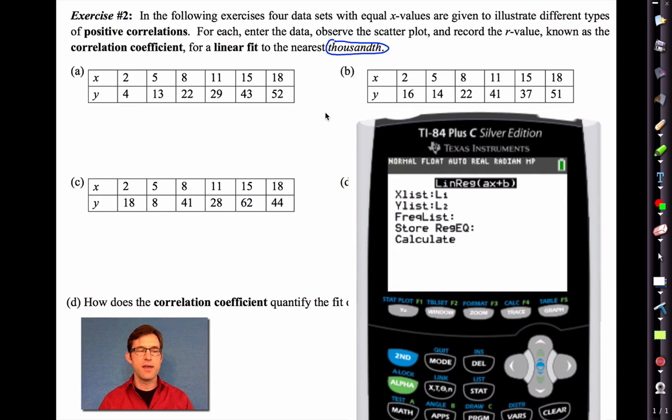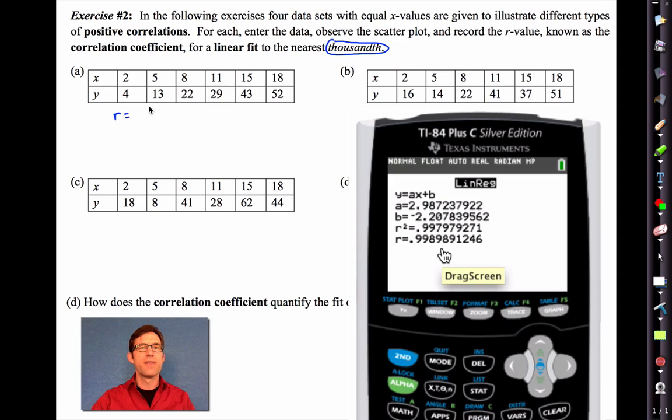Hit enter again. Bunch of stuff. You even see something called r squared. But eventually what we find on here is that we have an r value that when rounded to the thousandths, that's 3 decimal places, is very close to the number 1, right? It's 0.999, very close to 1.